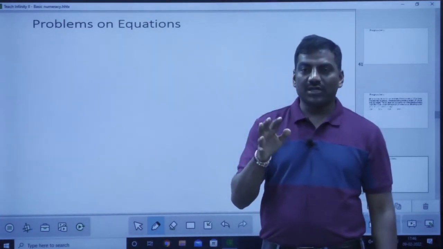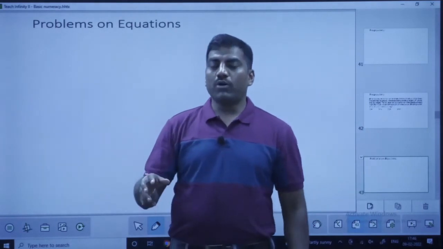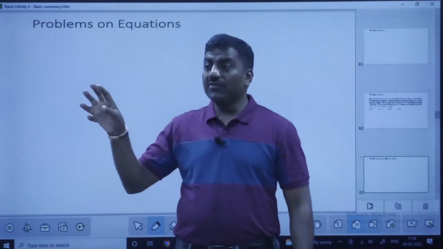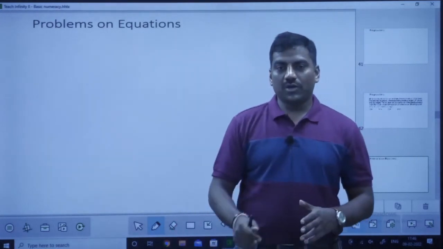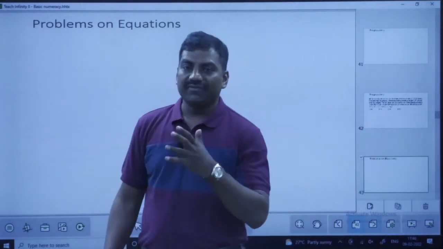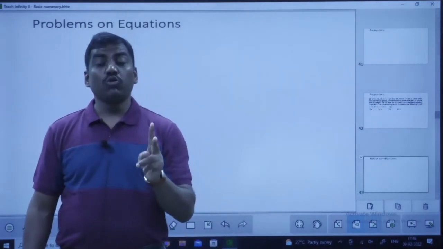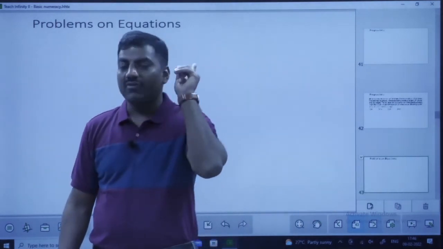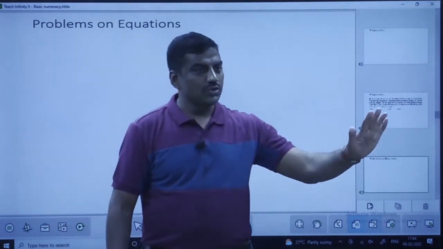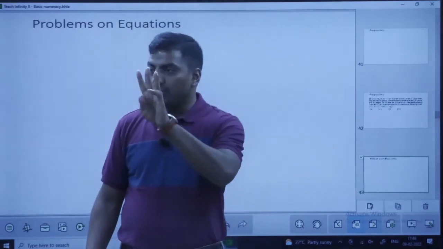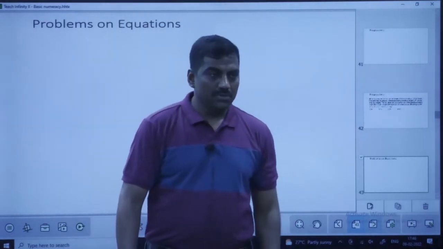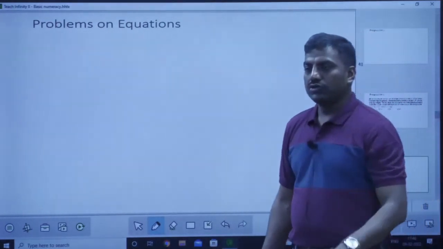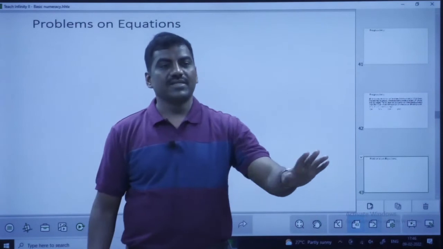While we solve for these equations, we have to construct as many equations as the variables. For example, if you are using X and Y as the variables, two variables, you have to construct two equations to get the solution. If you construct only one equation out of X and Y, you will not get the solution. If you are using three variables in the problem, you have to construct three equations to get the solution. Otherwise, you will not get the solution.